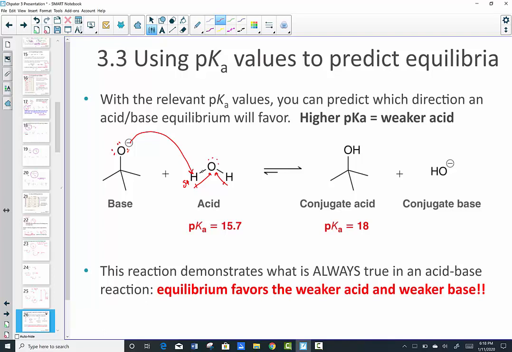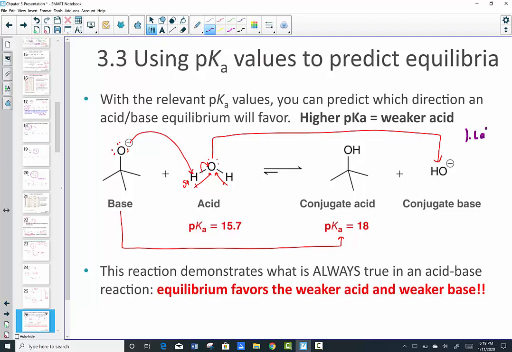On the pKa chart, the published value of water is 15.7. On the pKa chart, the published value of pKa for a tertiary alcohol, tertiary means that carbon attached to the alcohol functional group is attached to 3 other carbons, and it has a published pKa value of 18.